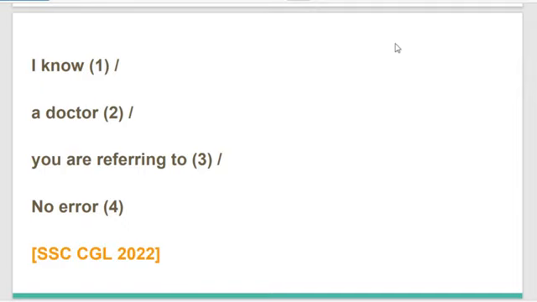I know a doctor you're referring to. In the sentence, we can clearly see that we are actually talking about a specific person whom someone is referring to. That means it is not any person. It is not a number of persons. It is not 100 people. It's not 40 people.